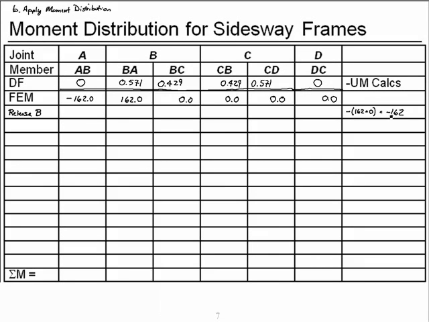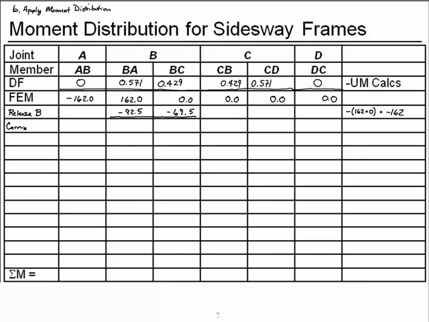I take the negative 162 times the distribution factor 0.571, and I get a negative 92.5. I take the moment we need to distribute, negative 162, times the distribution factor 0.429, and I get a negative 69.5 foot kips. I'll draw a line underneath these two, because now when I clamp B again, all of these add to 0. This node is now in equilibrium.